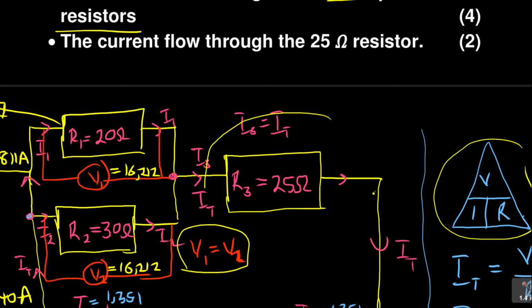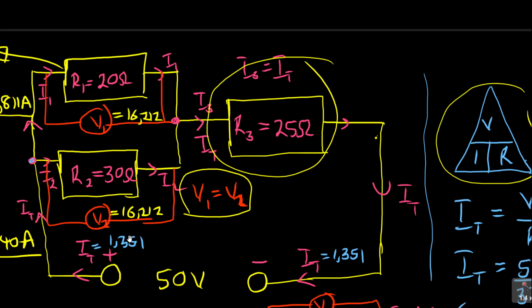Now remember, simple one. I3 is equal to IT, and we know our IT here. Our IT is 1,351, so we don't need to calculate even here. When we know IT, which is 1,351, it means I3 is also going to be equal to 1,351, because it is the same current, just that it is labeled differently.